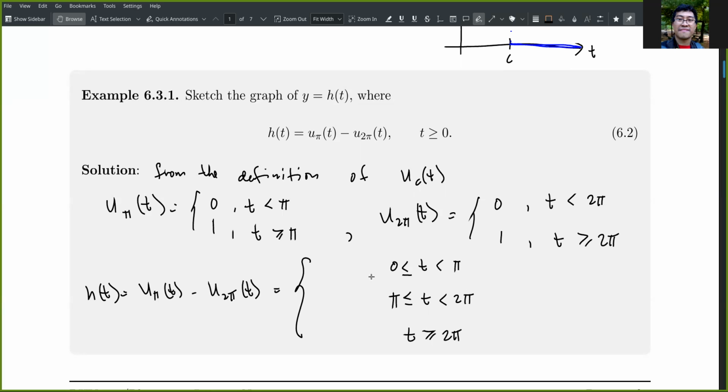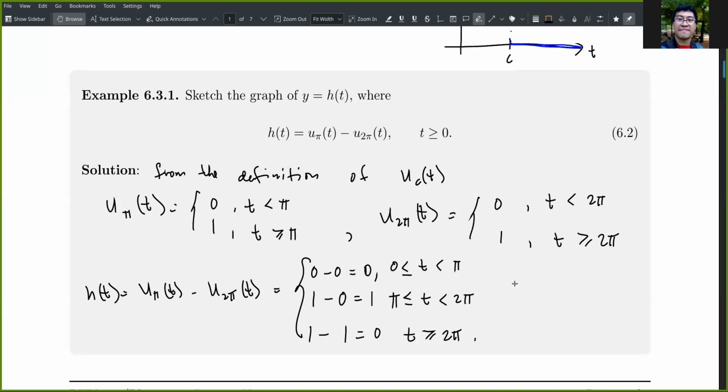Between 0 and pi, u_pi is 0, u_2pi is 0, so the answer is 0. Between pi and 2 pi, u_pi is 1, and since t is less than 2 pi, u_2pi is 0, so we have 1. And for t greater than or equal to 2 pi, this is 1, this is also 1, so you have 0.